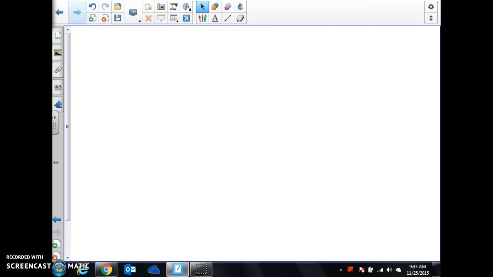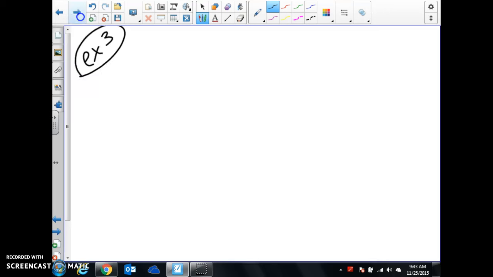That's why we always want to put it in slope-intercept form. Let's do one more. Actually, we might do a couple. Let's do this one. m is equal to -5/4, and my point is -5, -1.